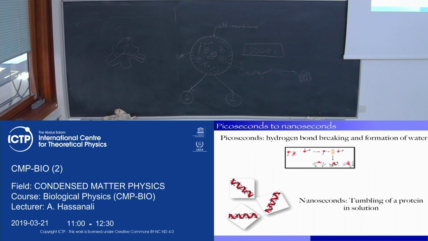And part of the reason for those fast response times is because signaling along neuron cells involves diffusion or motion of proteins on a much faster time scale than you would expect from a Brownian random walk.